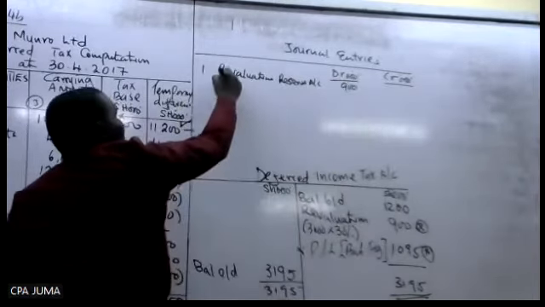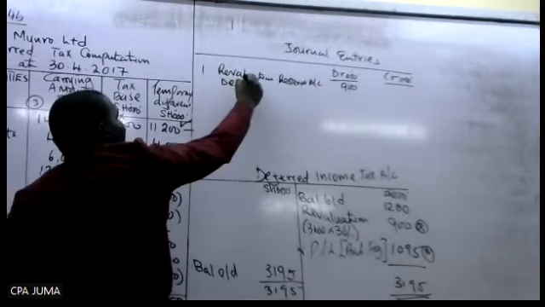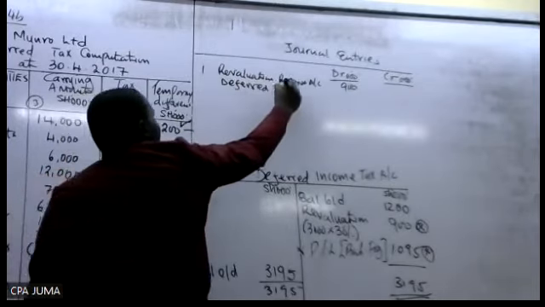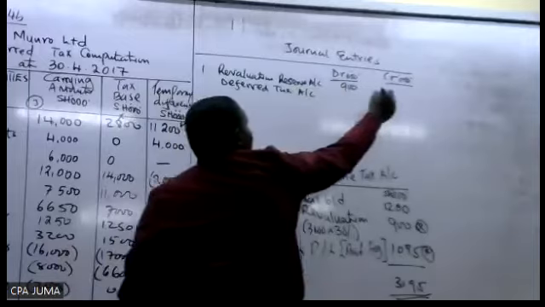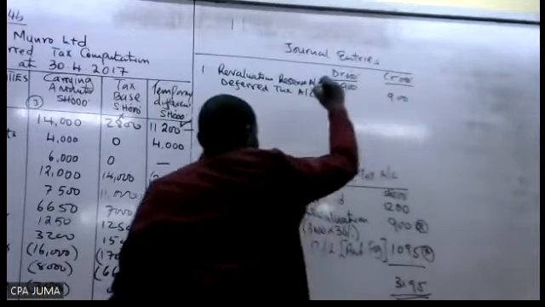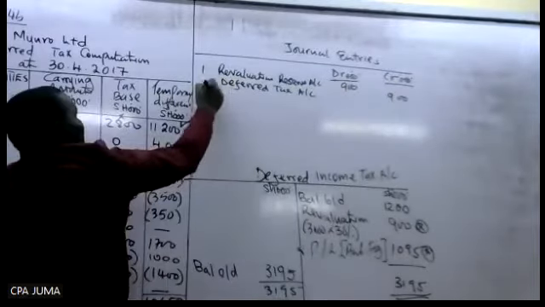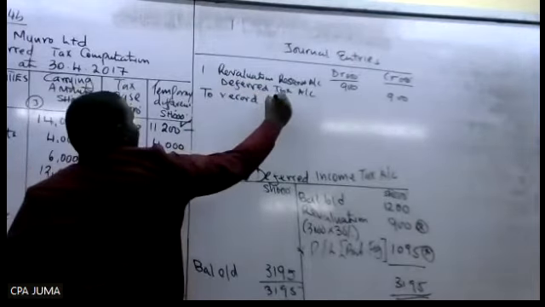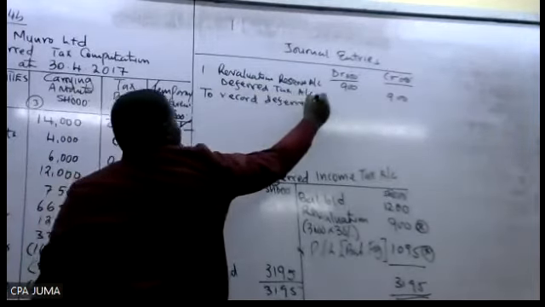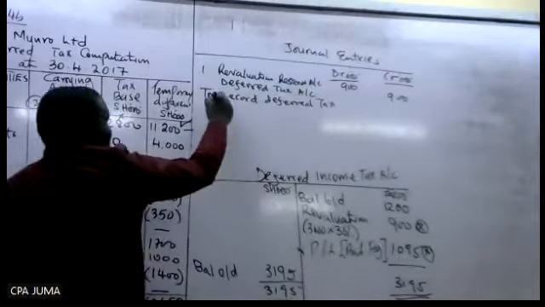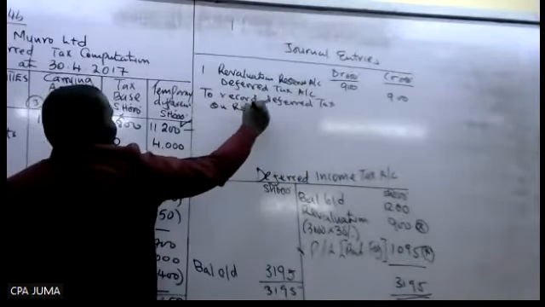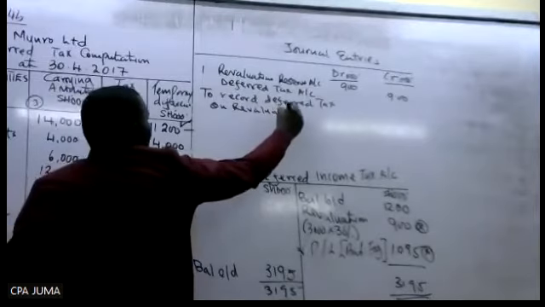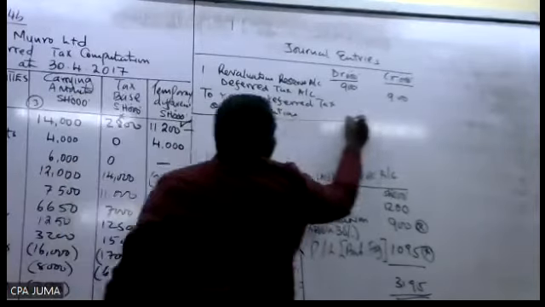Then you credit, we have credited already the deferred tax account also with 900, to record deferred tax on what? On revaluation. That is one.